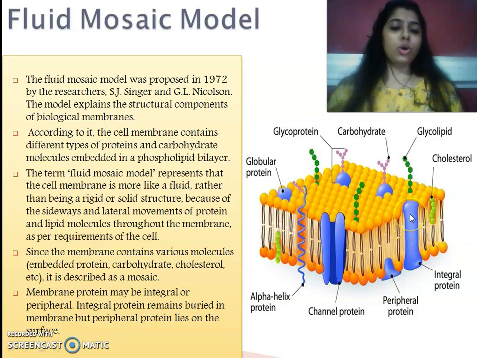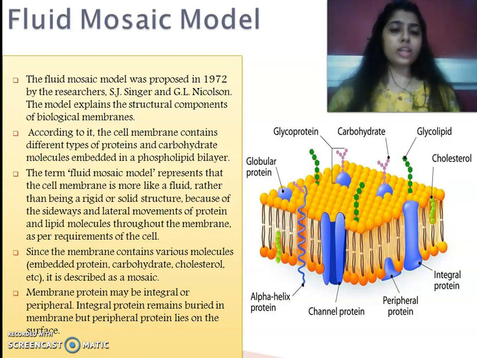So in the fluid mosaic model, the proteins are divided into two broad groups. The first one is termed as intrinsic or internal proteins, and the second one is termed as extrinsic or peripheral or external proteins.